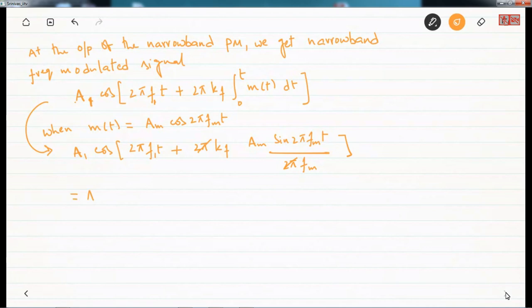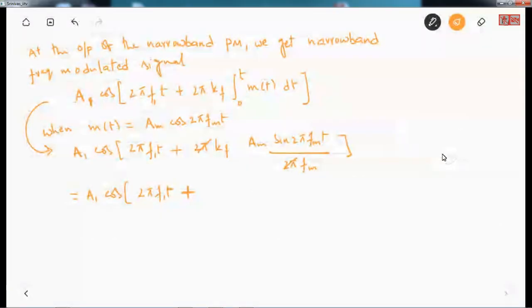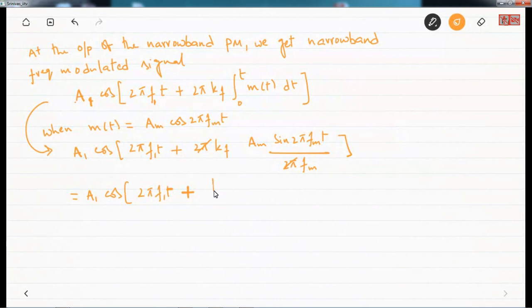So this becomes A1 cos 2 pi f1t plus kf into am divided by fm sin 2 pi fmt, right? So this we call beta 1.